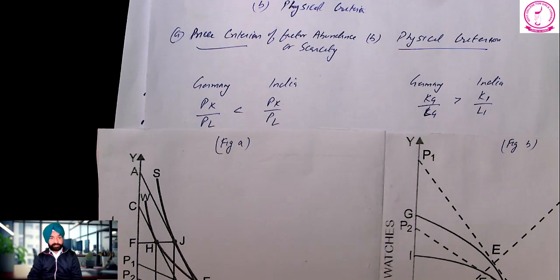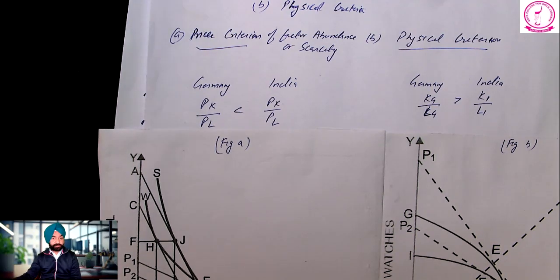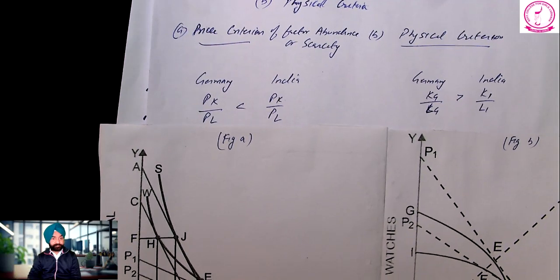Now, when we discuss the price criteria of factor abundance or scarcity, we have this ratio for Germany and India. PK, the price of capital in Germany over the price of labor in Germany, is less than the price of capital over the price of labor in India.